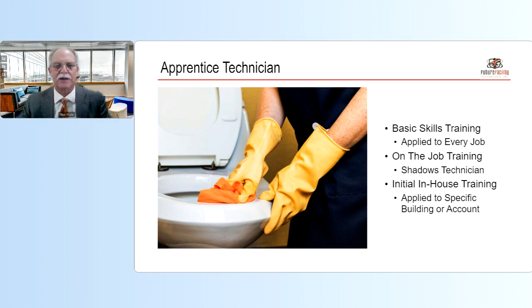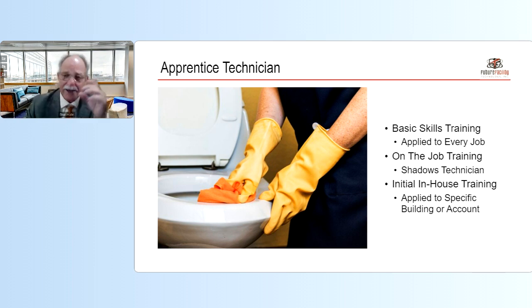Oftentimes when you understand through a training class what the basic skills are, you might lean into on-the-job training, where the new apprentice technician will shadow a journeyman technician and learn the skills, and that journeyman technician will help point out the anomalies in the cleaning.